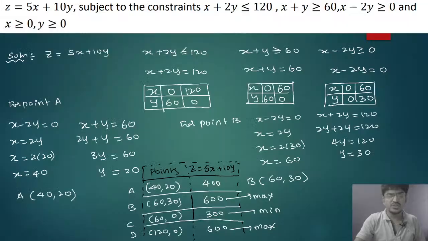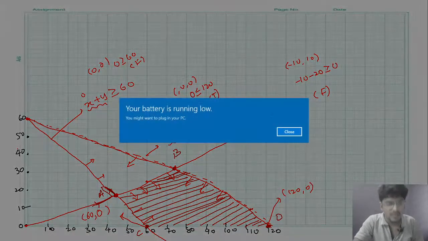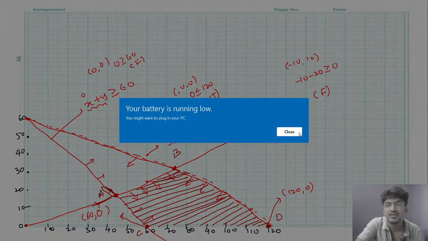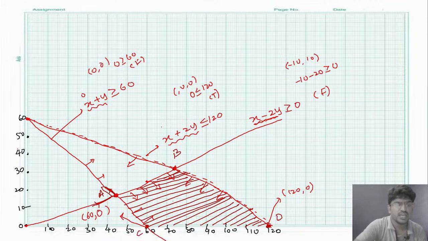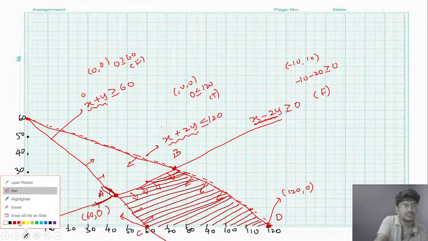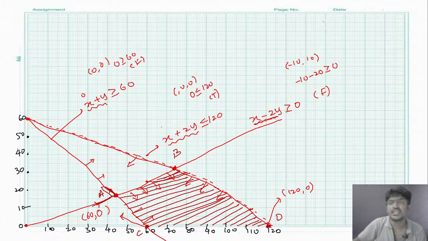So about scale, you see here, you can write the scale in the corner, no problem. In the corner you write x-axis 1 centimeter equal to 10 units.